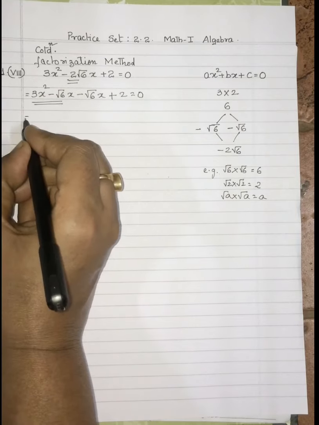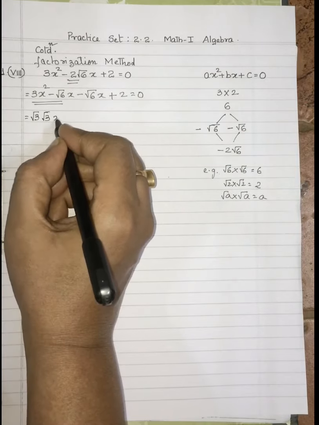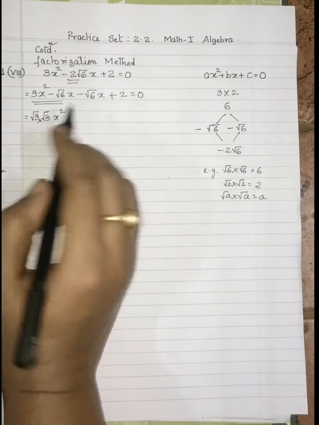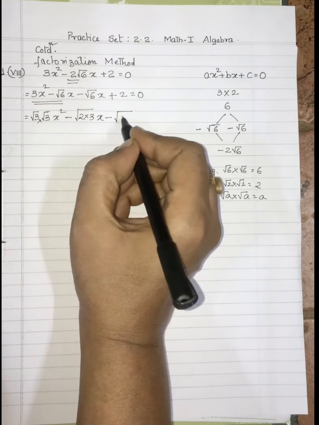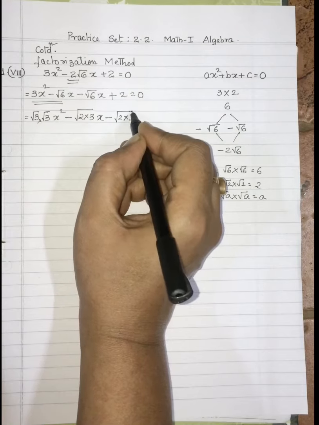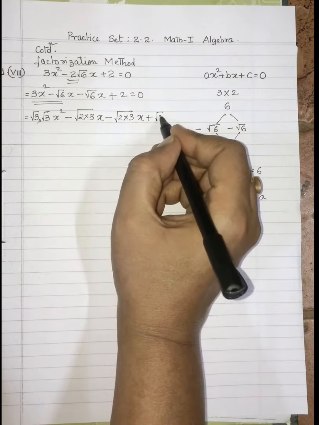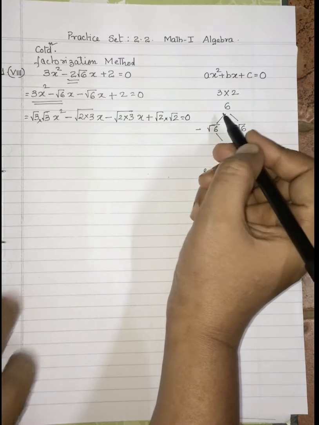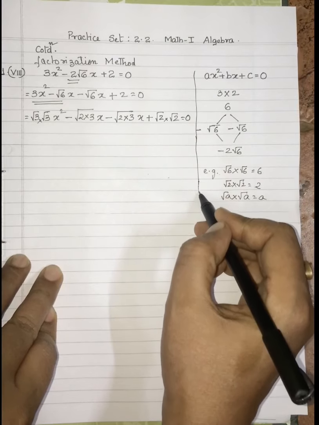How to do that, let us see. 3 can be written as √3 times √3 x², because √3 into √3 gives you 3, minus √6 can be written as √2 multiplied by √3 x. Again √6 can be written as √2 multiplied by √3 x, plus 2 can be written as √2 into √2, equal to 0.